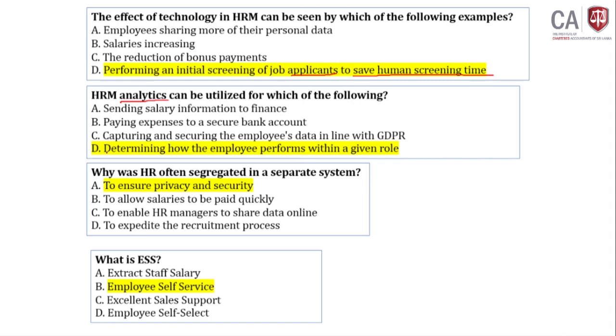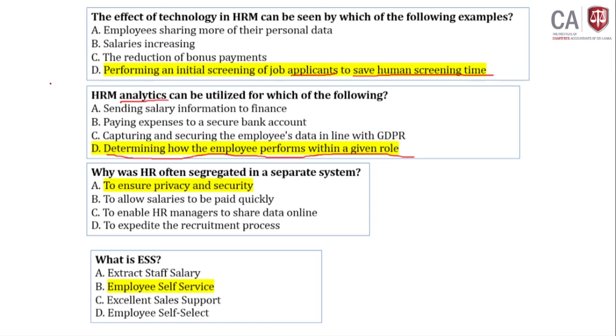So, in this example what it says, determine how the employees perform within a given role. So, if the role is, let us say, sales executive, has he performed in the given role? Using HR analytics you can find it out. Let us say he may have worked 30 days for the month without having a single leave. And also he has performed well and his sales target was also achieved.